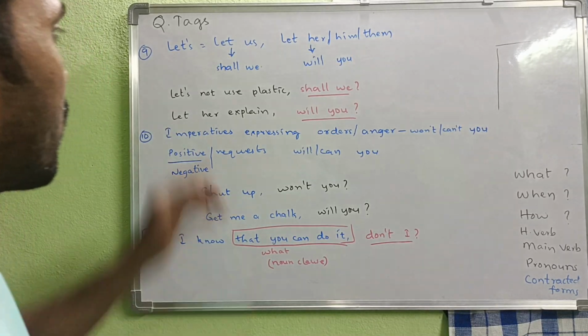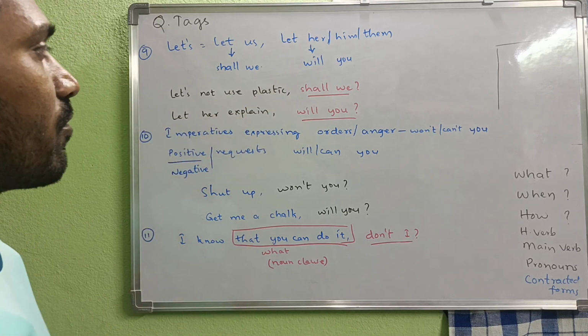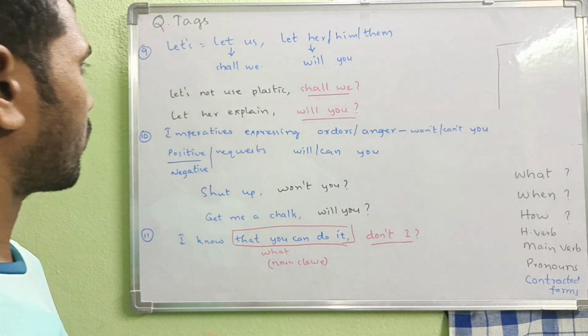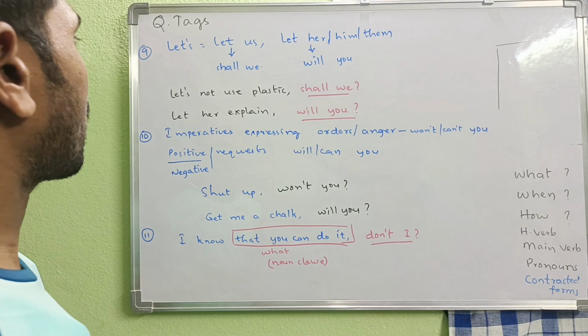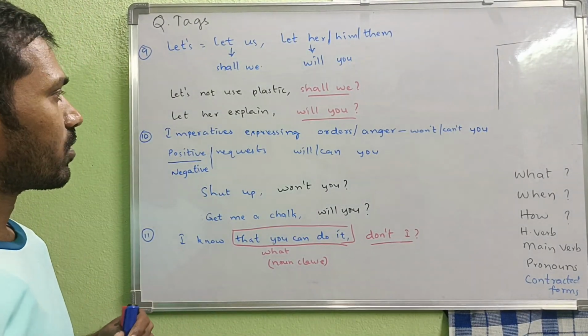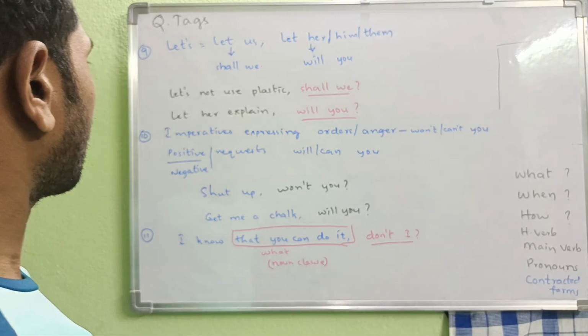Let's not use plastic, shall we? Next, let her explain, will you? Let her not go, will you? In that case also, negative or positive, we have to use will you. Next, imperatives expressing orders or anger, we use generally won't you or can't you.